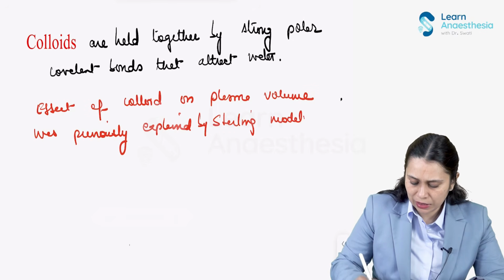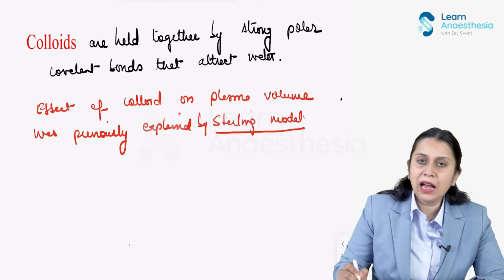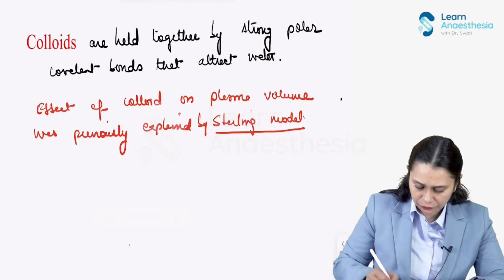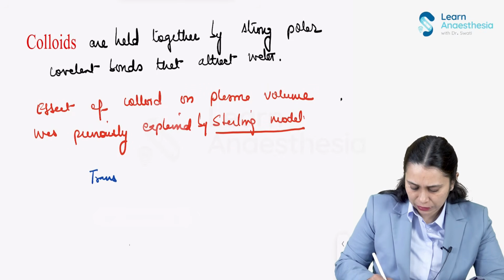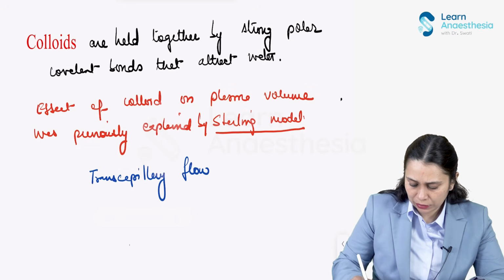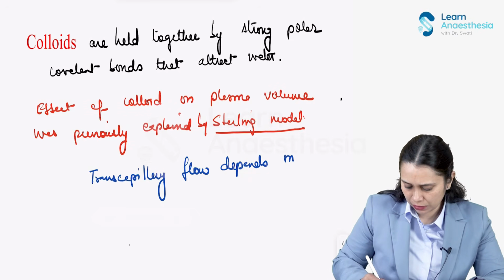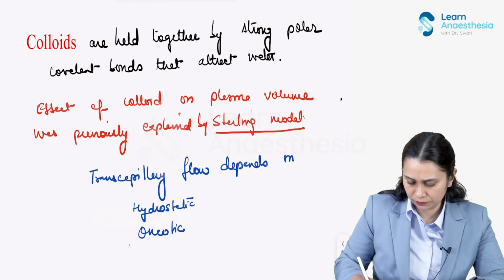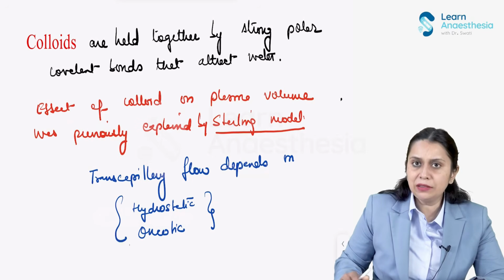The classical Starling model says that the transcapillary flow depends on hydrostatic and oncotic pressure.